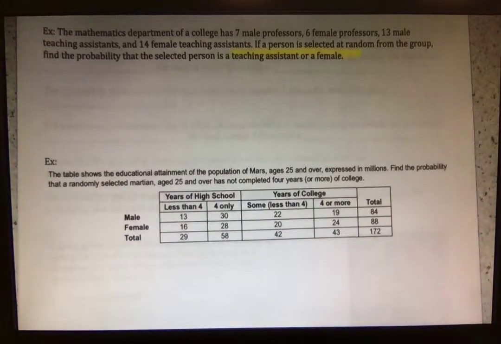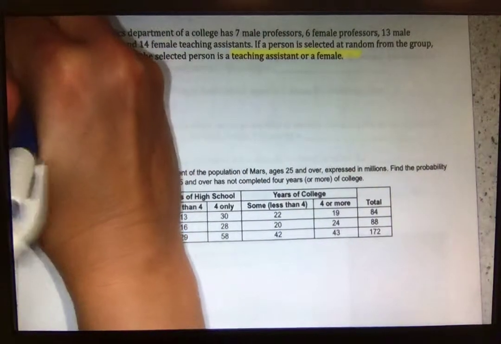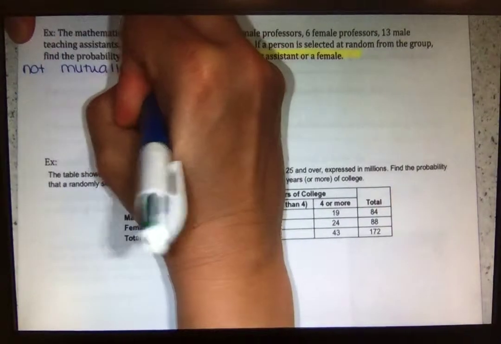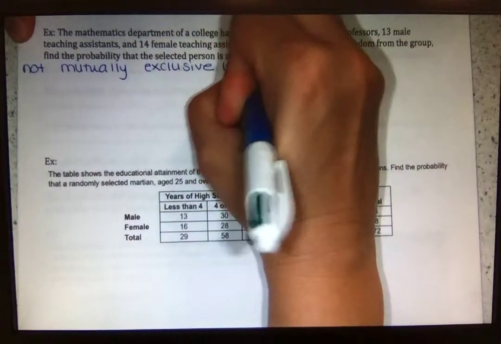So we need to see what formula to use. Are these mutually exclusive? Can they happen at the same time? Can one person be a teaching assistant and a female? Yeah. So these are not mutually exclusive, which again means can happen at the same time.